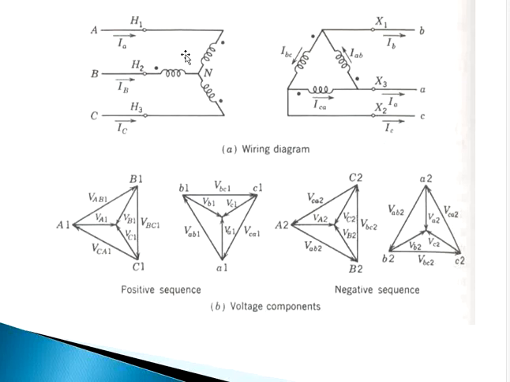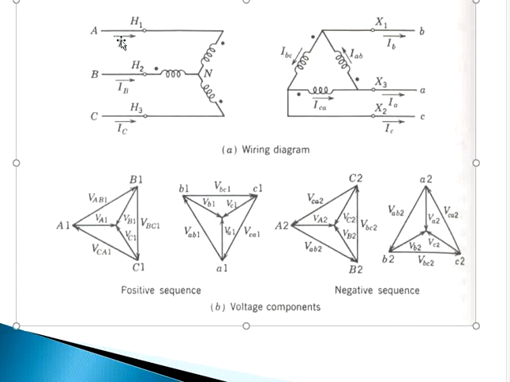B stands for the secondary side and capital A stands for the primary side. Accordingly, with a 30-degree lead, they have been drawn as VB1, VC1 and here VA1. The sum of VB1 and VC1 gives VBC1, and VB1 and VA1 give VAB1.